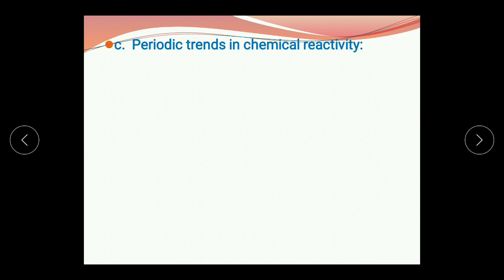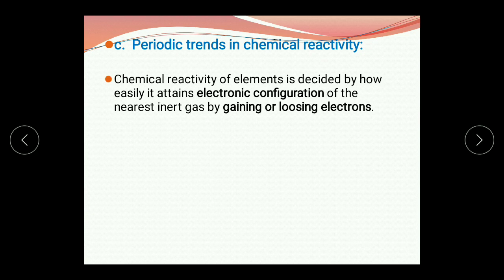Dear students, this is the last session and this is the last part we are going to discuss. Now, according to you, what is chemical reactivity? Chemical reactivity of elements is decided by how easily they attain the electronic configuration of the nearest inert gas by gaining or losing electrons.